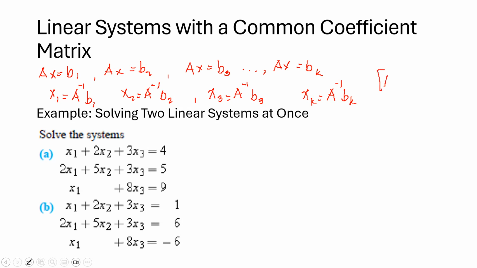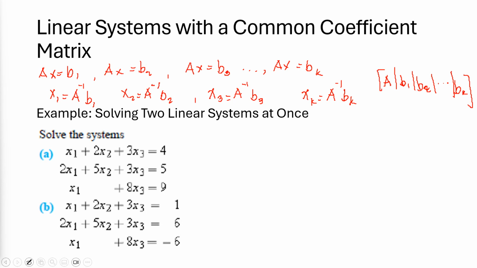You could have A partition b sub 1, partition b sub 2, up to partition b sub k, in which the coefficient matrix A is augmented by all k matrices b sub 1, b sub 2 to b sub k, and then reduced to reduced row echelon form, which we can do by Gaussian elimination or Gauss-Jordan elimination.